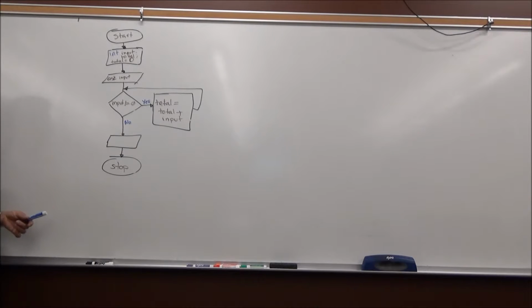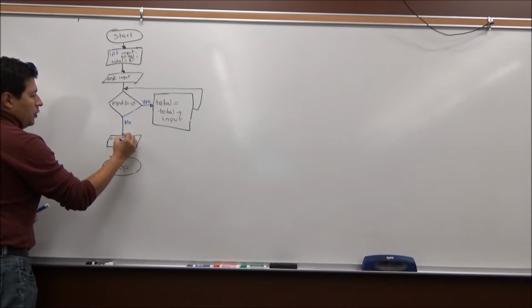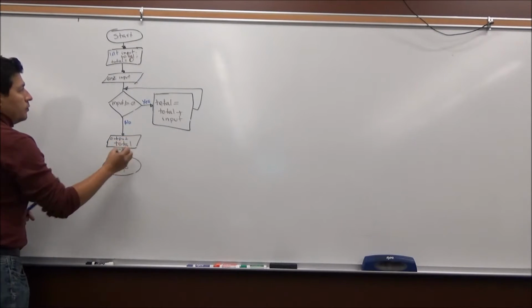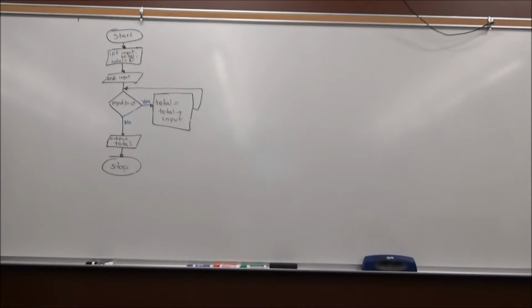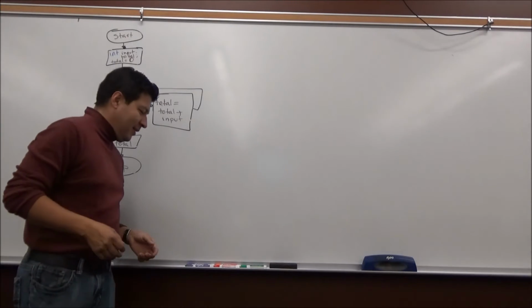If the actual input was 0, then just output the total. So that's an easy diagram to follow, right? Even my 6-year-old nephew will figure that out. And then he'll draw other stuff on top of it.